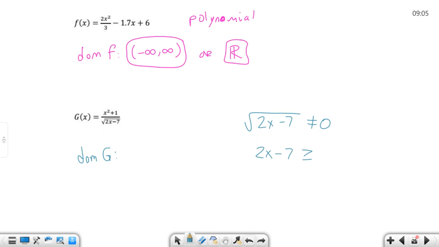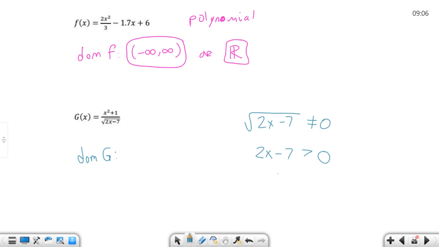But wait a minute. I can't equal 0, so it can just be what? Greater than 0. Because of the can't equal part, I have to drop the equals. You with me? It's in the denominator. The denominator can never be 0, so if you have a radical in the bottom, it's only greater than 0. You're putting the two restrictions together, right?